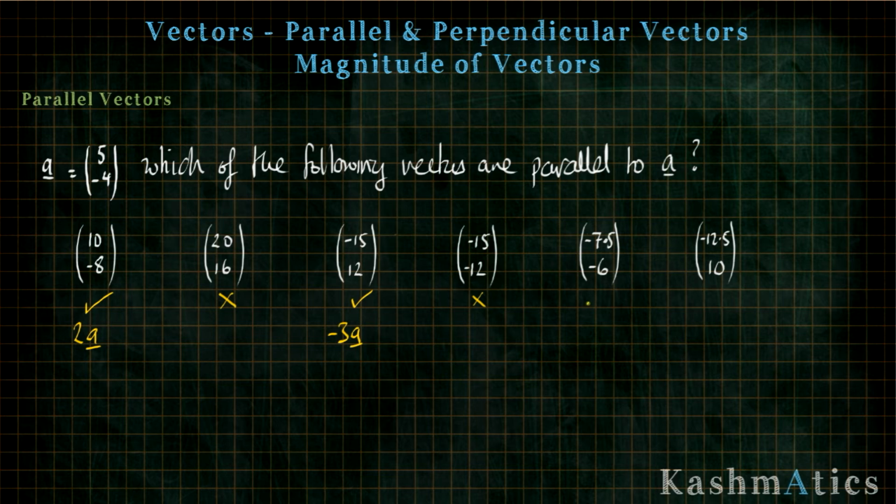The next one, 5 times minus 1.5 is minus 7.5, but minus 4 times minus 1.5 for a start would give us a positive number. It gives a positive 6, and this is a negative 6, so that's not correct either. And the last one, 5 times minus 2.5 is minus 12.5, and minus 4 times minus 2.5 would be 10, so that's correct. That's minus 2.5a.